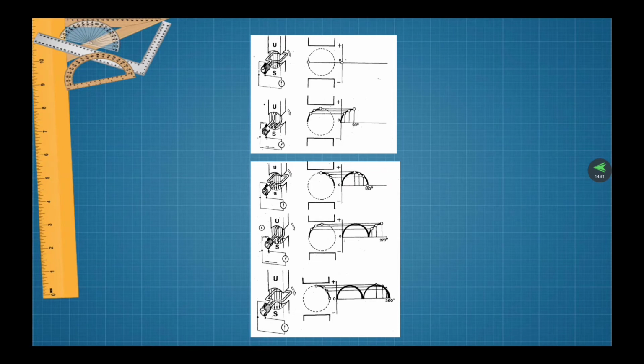And this is the illustration of the DC generator. It will create half of a waveform.